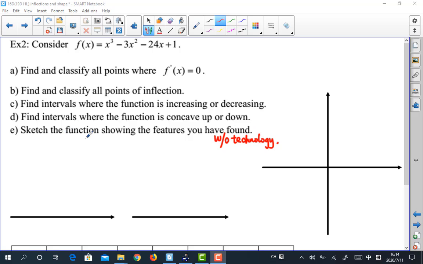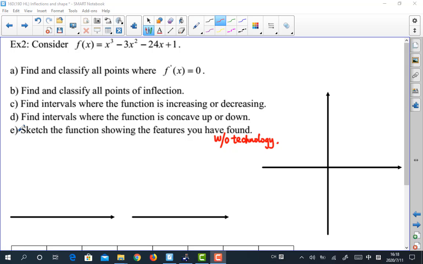How can you graph this function based on A, B, C, D? Before I demonstrate the solution, I want to encourage you to solve this problem, all those questions A, B, C, D, E, yourself, just like what we did in example 1. If you need a chance to replay example 1, feel free to do so.